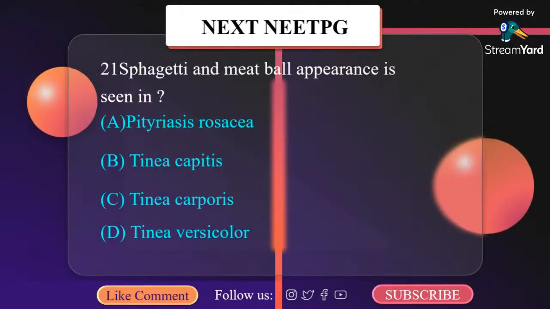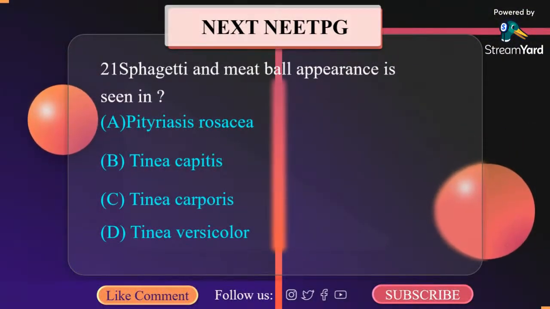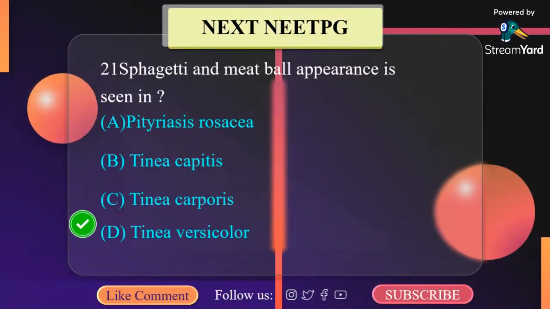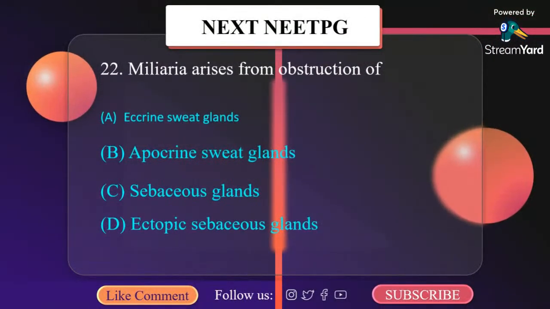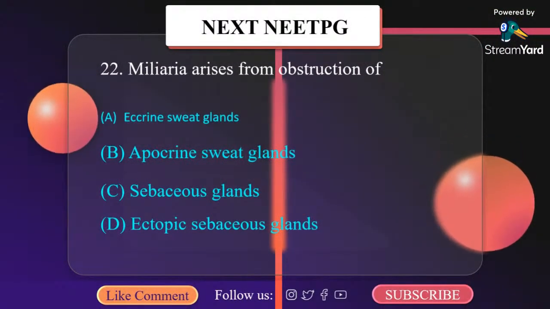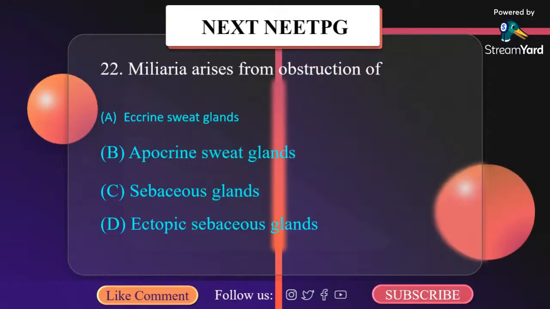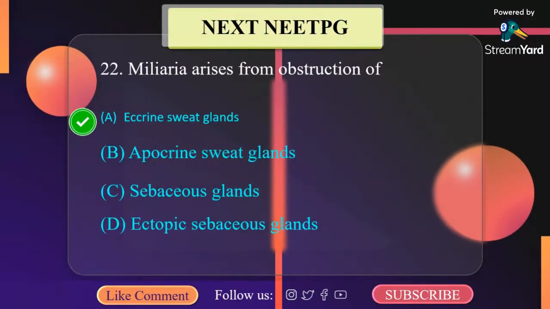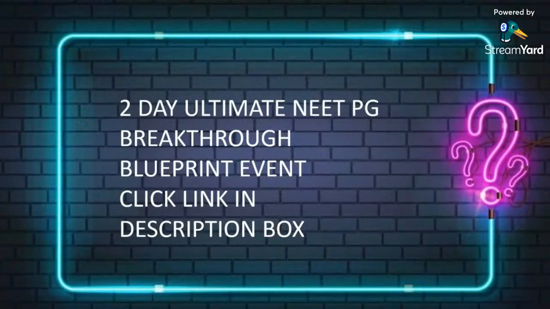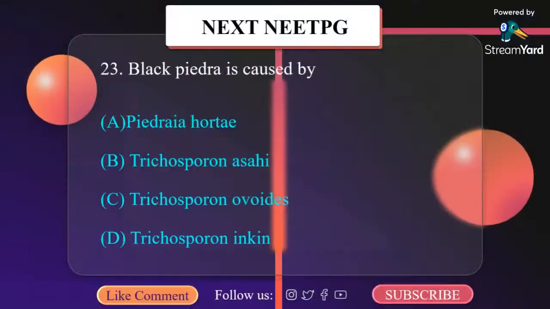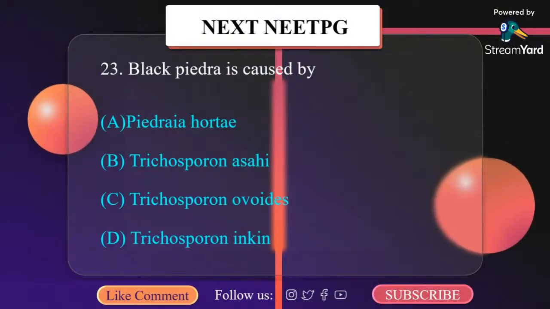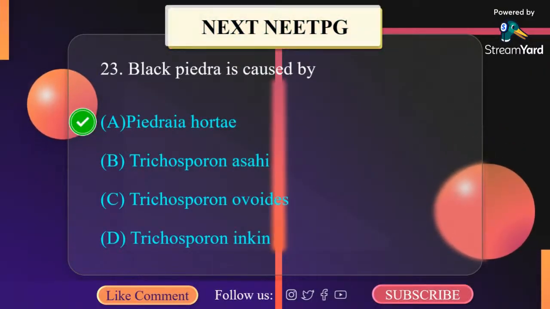Spaghetti and meatball appearance is seen in tinea versicolor. Miliaria arises from obstruction of: A. Eccrine sweat gland. B. Apocrine sweat gland. C. Sebaceous gland. D. Ectopic sebaceous gland. It is eccrine sweat gland. Black piedra is caused by Piedraia hortae, so the correct answer here is A, Piedraia hortae.